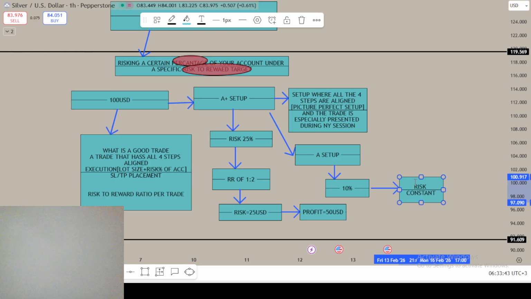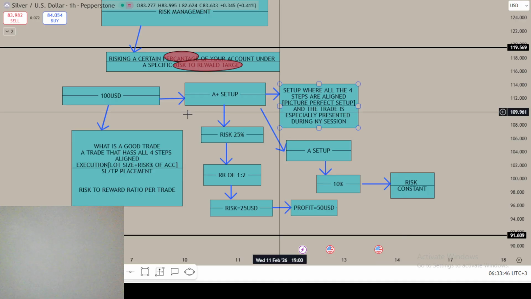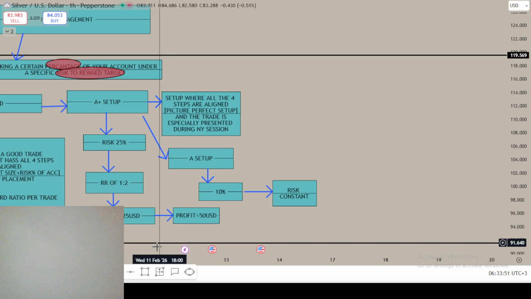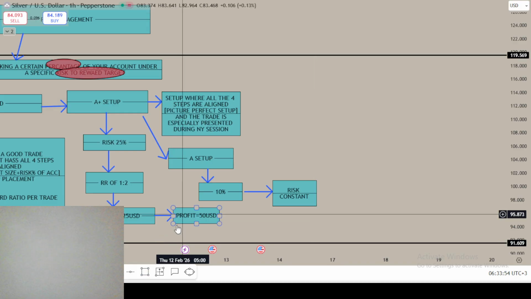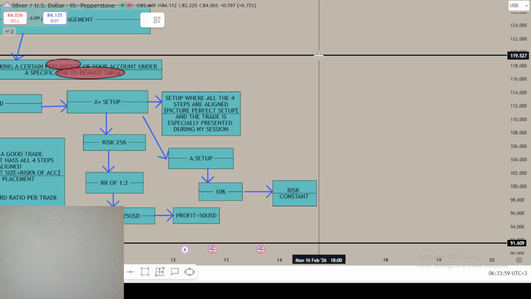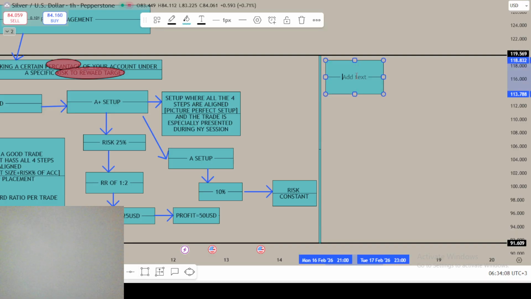So if you do the math, let's say out of five trades, let me write it here. A plus setups are very rare.